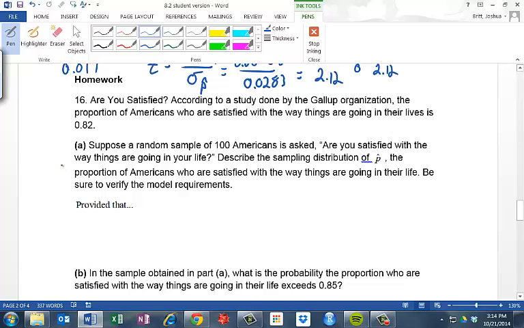Okay, I hope that you had a chance to take a look. So the requirements, if you will check both requirements, normality is met, and also independence.